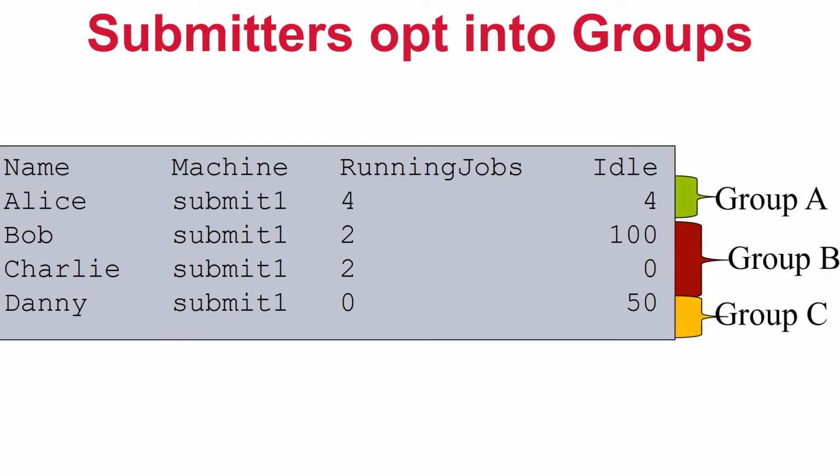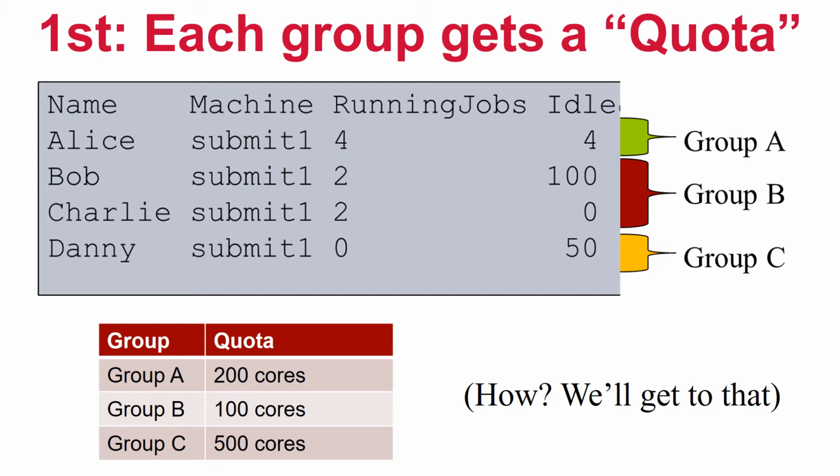In this example, maybe Alice is in group A, Bob and Charlie are in group B, and Danny is in group C. After each submitter is placed into a group, each of these groups gets a quota, which is an upper bound on the number of cores they can use. We'll explain in a bit how this number is generated.